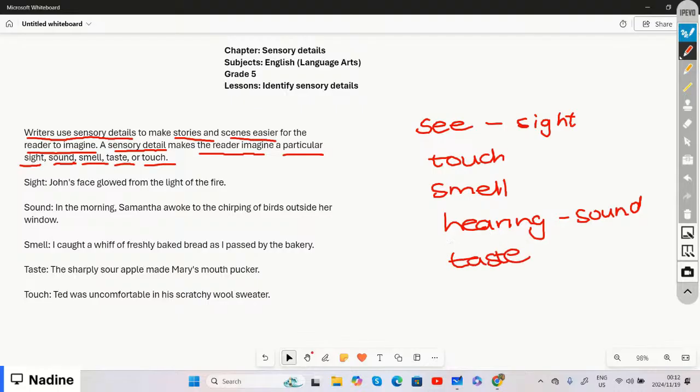That is our sensory details. So it's your vision, it's your sight. Hearing, it's the sound, things that you can hear, things that you can touch, smell, and taste.